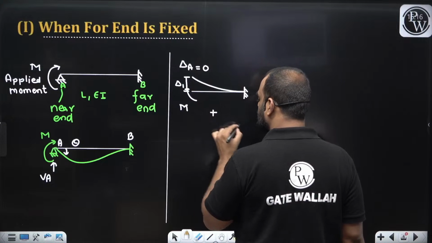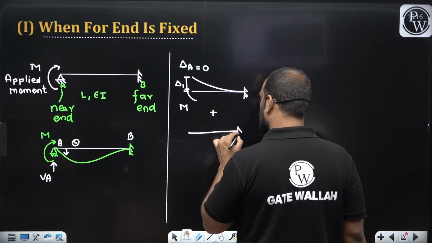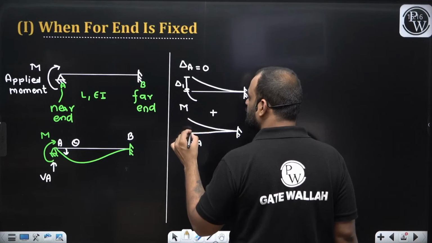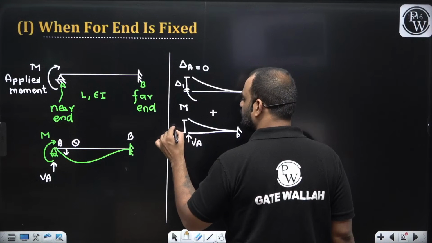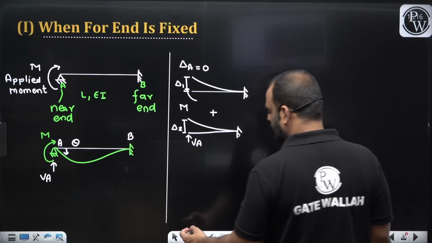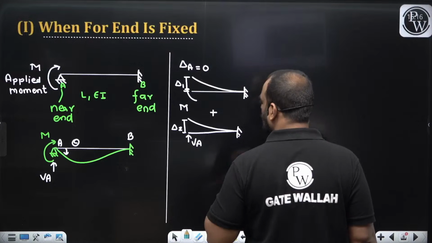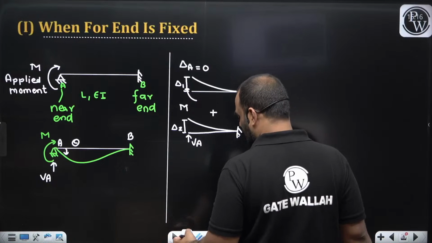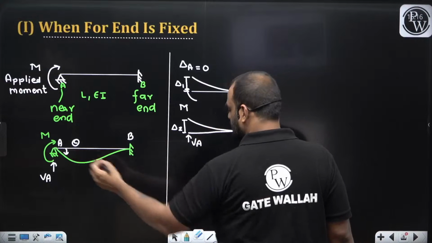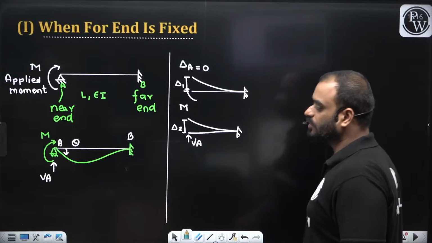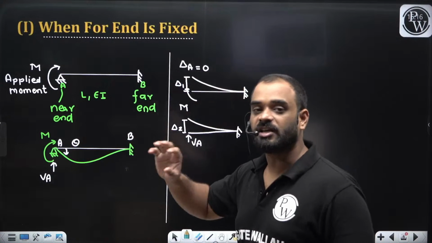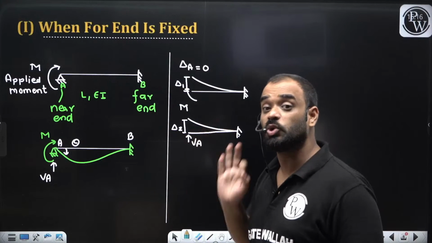And second one is our external reaction, that is VA, due to which again displacement will occur like this, delta 2. Clear? Now guys, the net displacement should be equal to 0, because at this support we have an external reaction, due to which this joint cannot move anywhere.